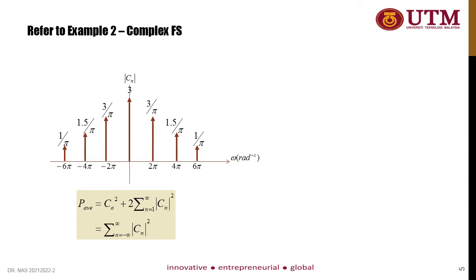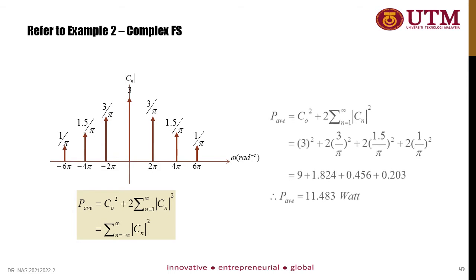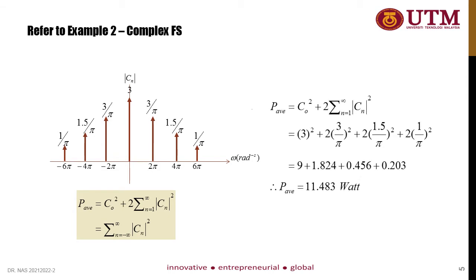In the previous session, example 2, we have the final answer of this spectrum. So how do we calculate the P average? You need to consider the coefficients of each of the pulses, both at positive and negative frequencies. So in this case, P average is equal to C naught squared plus 2 times the sum of Cn squared.